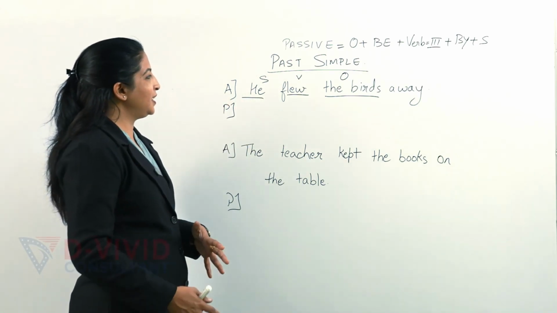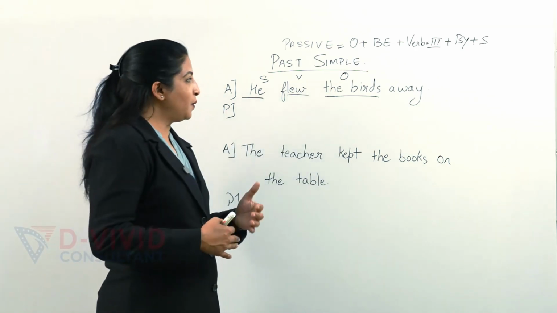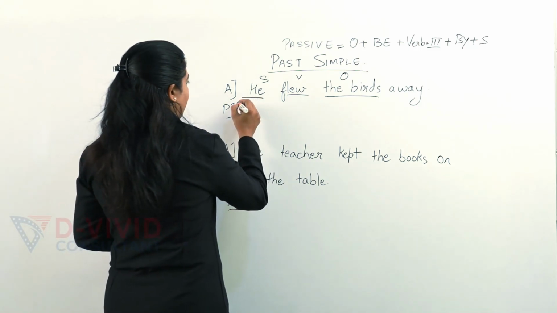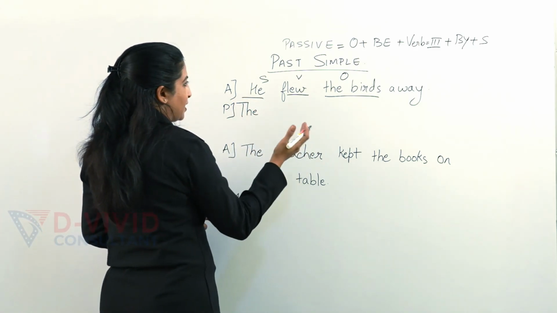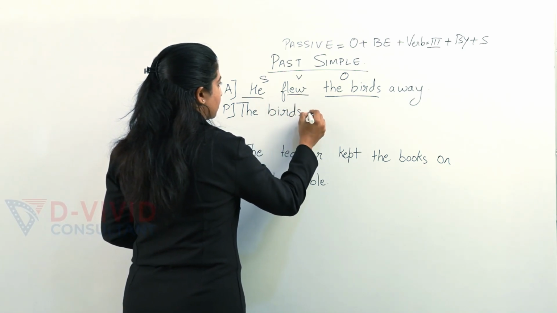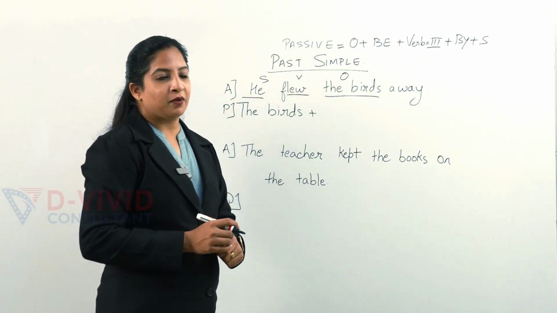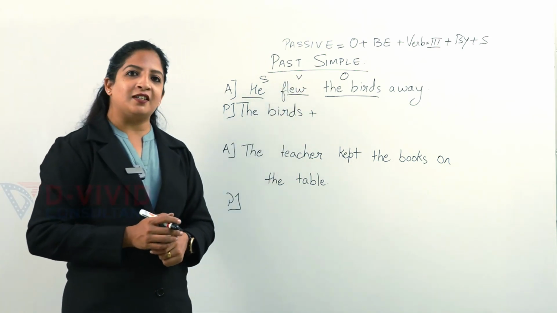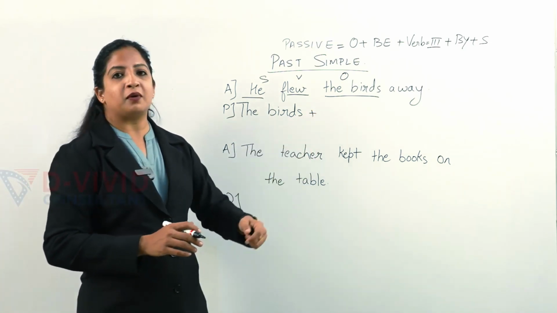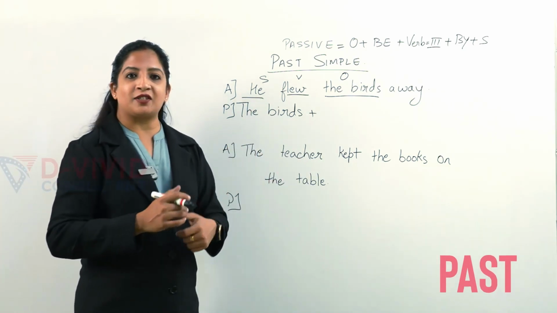Okay, we have: he flew the birds. Now let us try converting the sentence into passive. So we'll take the birds as the start, then we need the be form. As in simple present, can you tell me what we were using as the form of be? Here we'll use its past form.